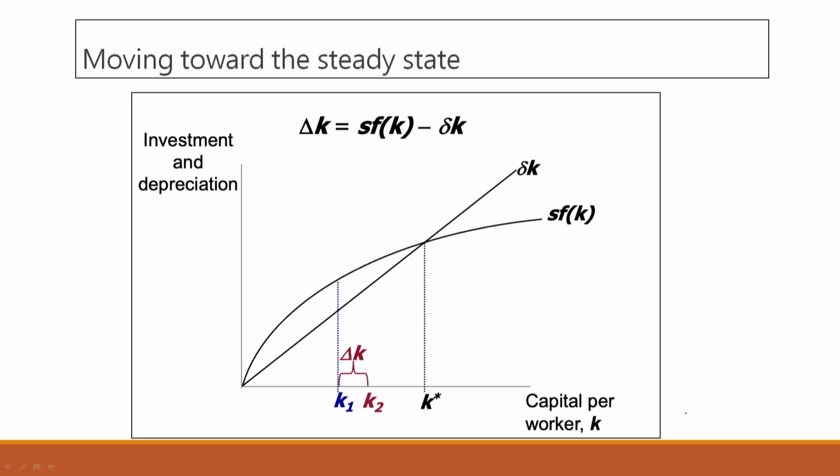What happens after this? Now, we can do that exercise once again. From this K2, we can find out what is the total investment. This is the total investment. Okay. We can maybe just label it. So, AK2 is the total investment, out of which how much is the depreciation?